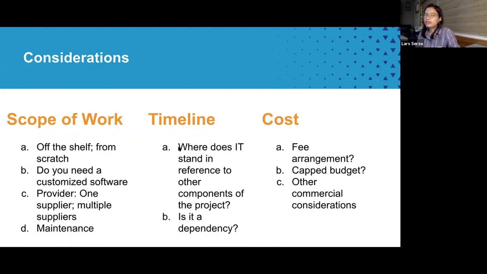The reason would be you should know or you should identify if it's a dependency for other things, so that if you're sensitive as to deadlines, as to timeline, then you can consider putting in provisions that would disincentivize your provider from delay or from other failures, and then of course cost.